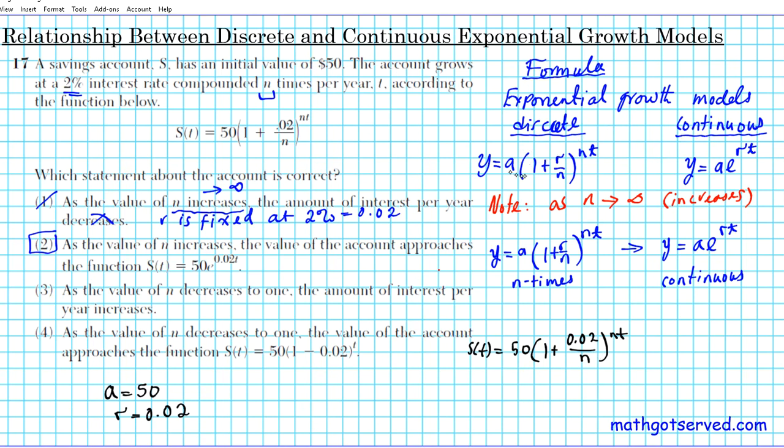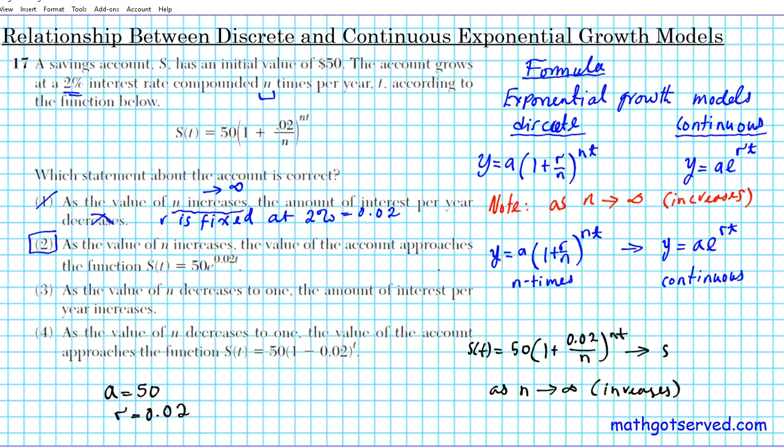Now, this formula matches the discrete growth model perfectly. What did we indicate earlier? As n goes to infinity, this formula is going to become the continuous formula. So let's write the continuous format using our a and r values. In this case, they're using S of t for the output notation.